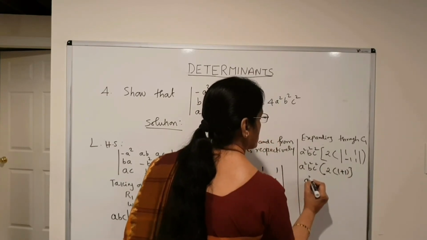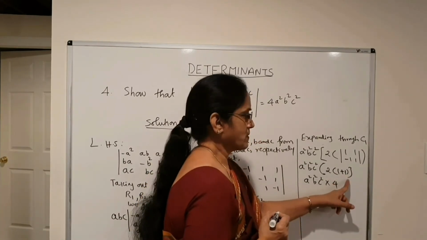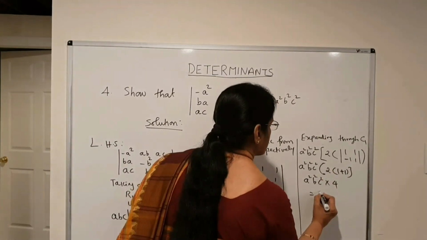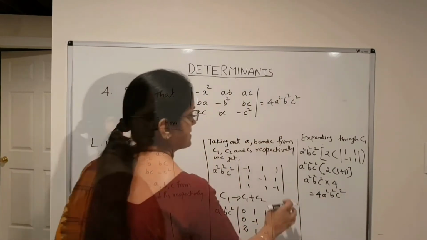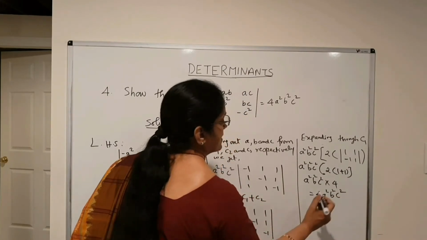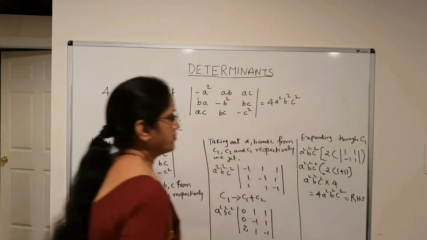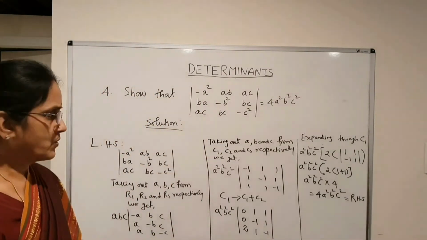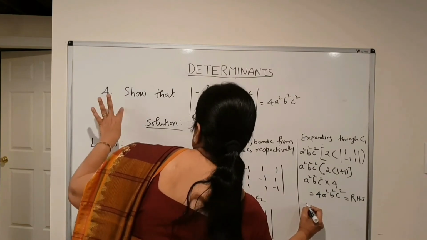Now, this is a², b², c² into 4, because 1 plus 1 is 2, and 2 twos are 4, which is 4a²b²c². LHS I am getting is equal to 4a²b²c². This is nothing but your RHS. That is what you need to prove. So what have we done now?